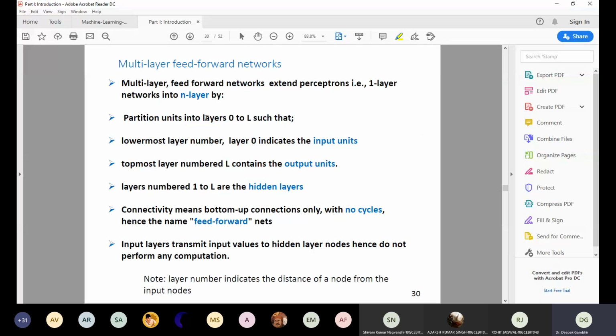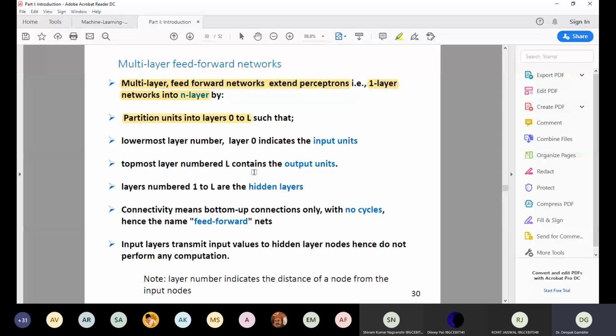So multi-layer feed-forward networks extend perceptrons, that is, from a one-layer network into an n-layer network. Partition the units into layers 0 to L. It consists of more than one layer, and it could have any number of layers, which have to be initially defined by the programmer while designing a multi-layer network.